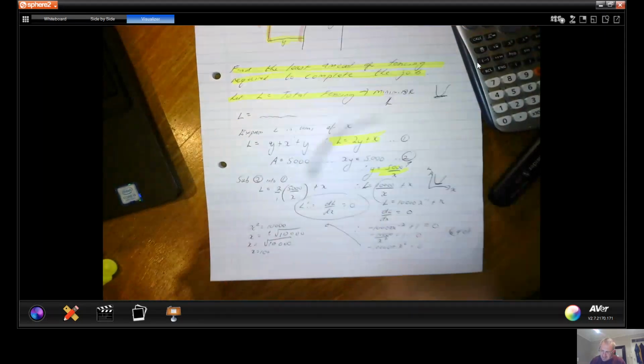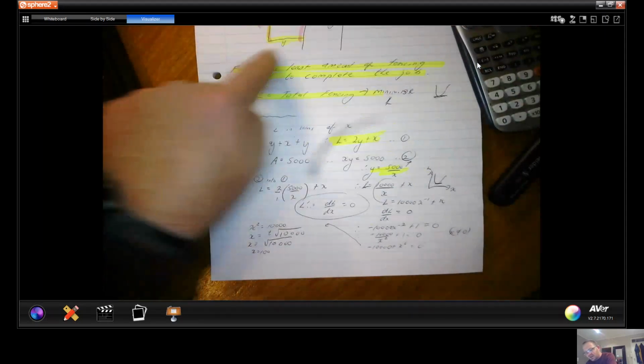So when this dimension is 100, then you're going to minimize the amount of fencing that you need. The question said to us, what is the least amount of fencing that you need? If they said to me, what are the dimensions that you need?